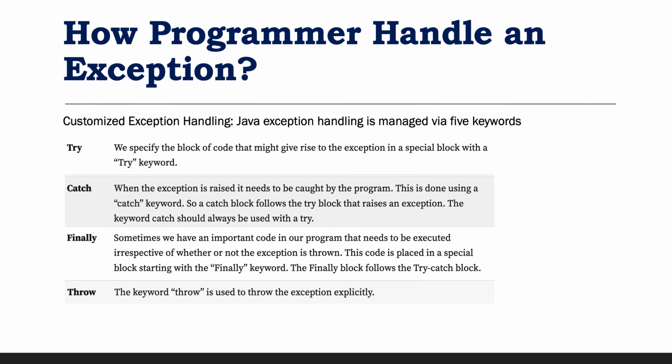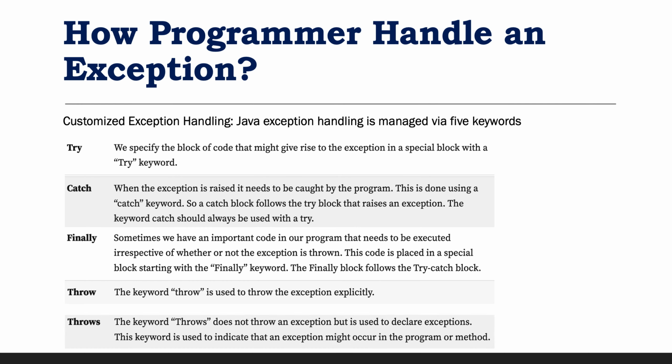Next keyword is throw. What is the use of the throw keyword? The keyword throw is used to throw an exception explicitly. Let's say we want to throw some exception based on some logic; in those scenarios we use the throw keyword to throw the exception explicitly. Next keyword is throws.